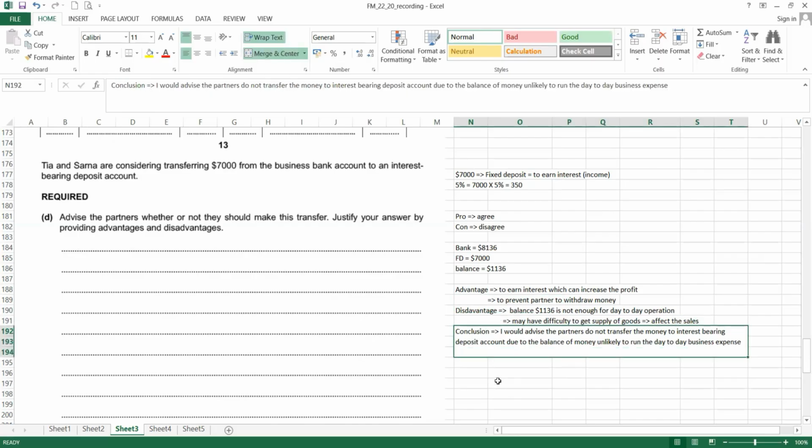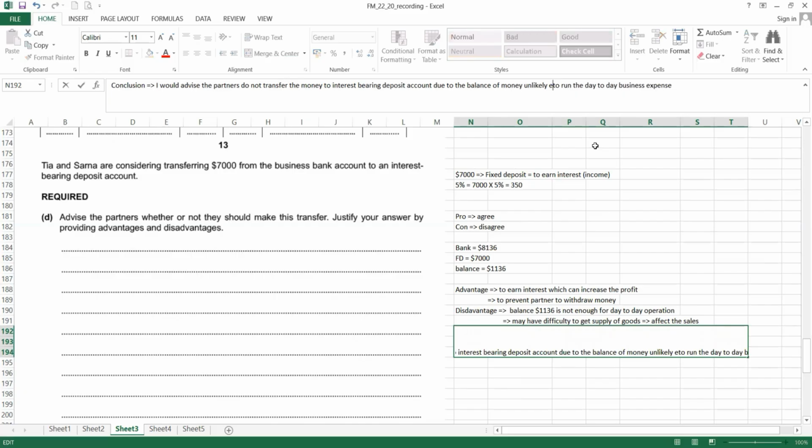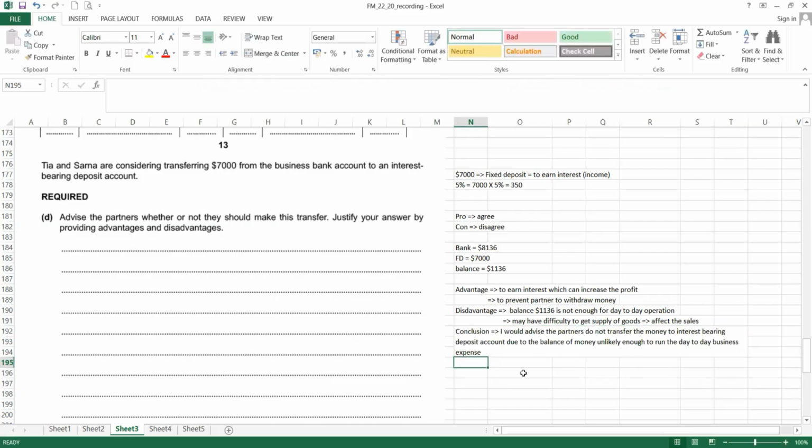If you don't like, you can disagree. Make conclusion, you advise. I will advise the partner, yes or no to transfer. So in here, I say no. Do not transfer because the balance of money unlikely, let me add some more word, unlikely enough to run the business expenses.